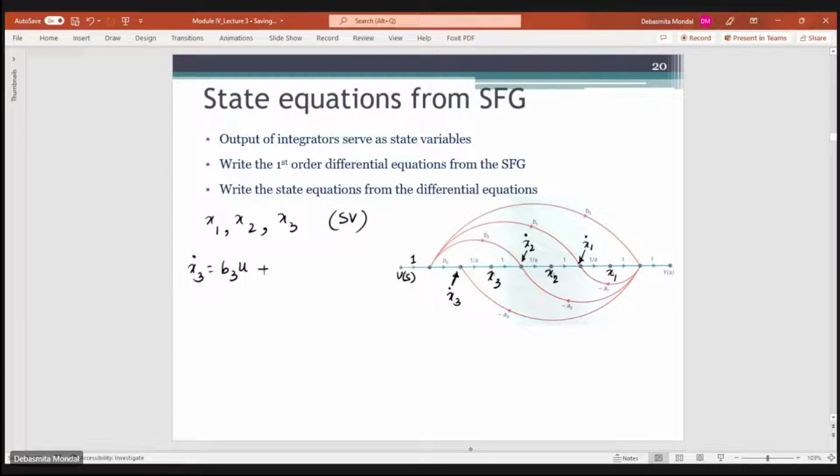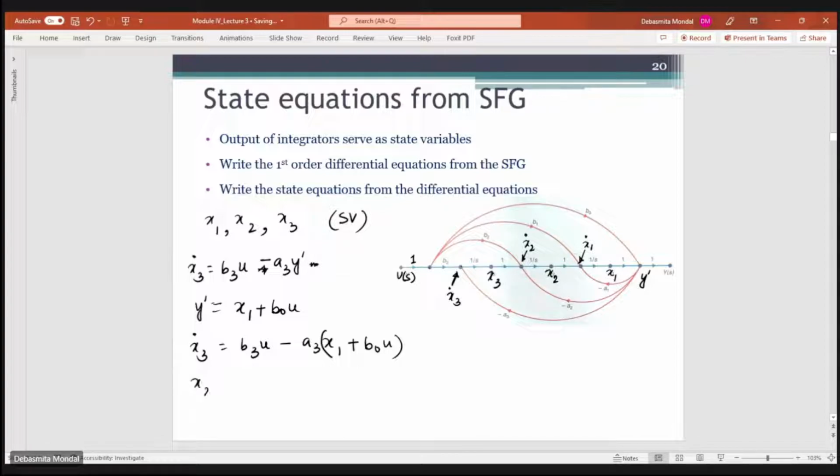So I have b3 into u, minus a3 multiplied by this node, let's say y dash. y dash is nothing but x1 plus b0 into u. So you can write that x3 dot is equal to b3 u minus a3 times (x1 plus b0 u).